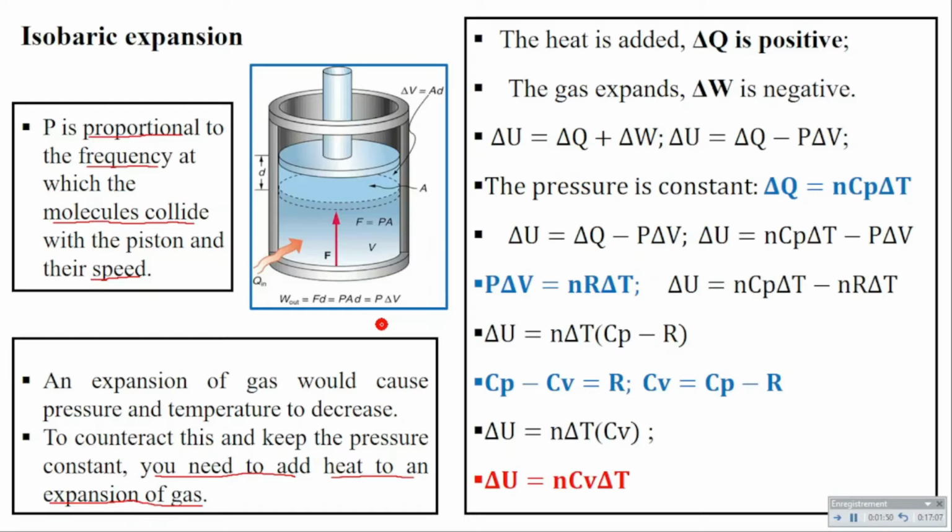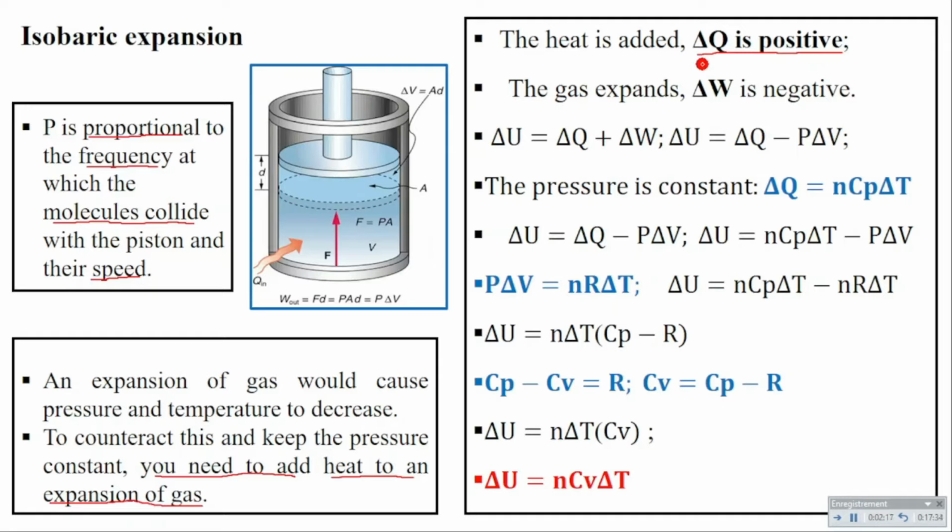So how do you show that for an isobaric expansion, the internal energy is equal to nCvdT? Here we have said that heat is added. We are adding the heat, which means delta Q is positive. When we are talking about positive and negative, that is a convention.